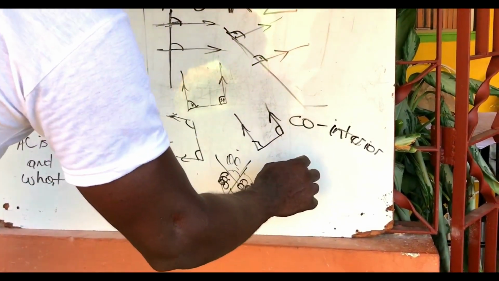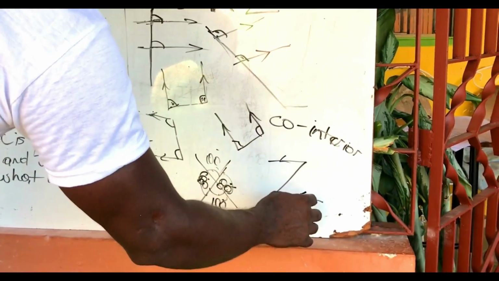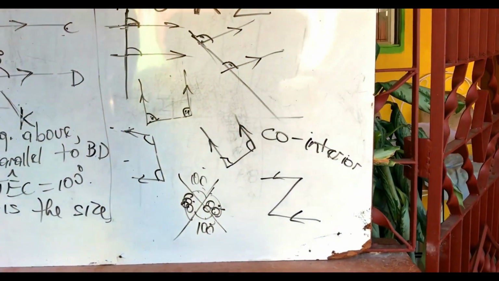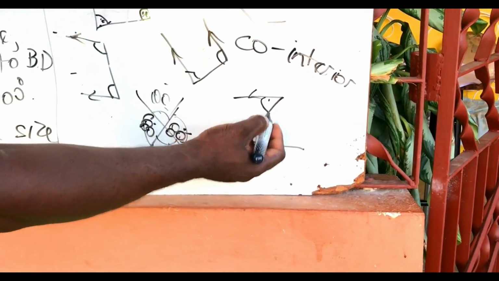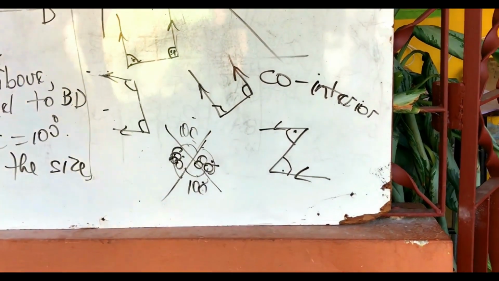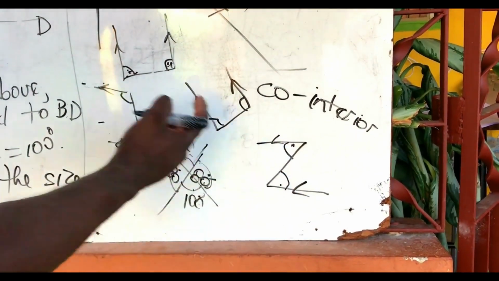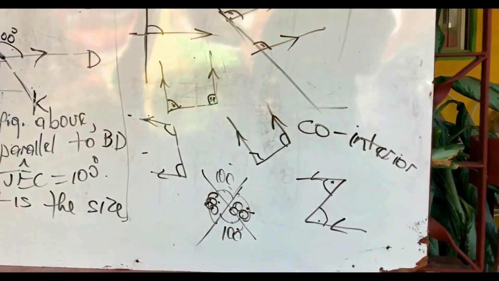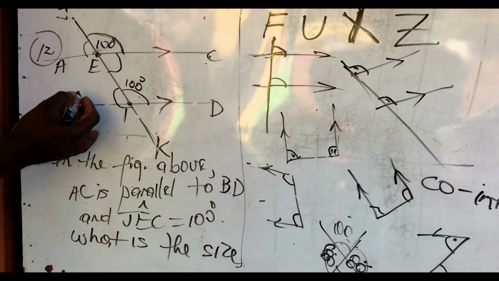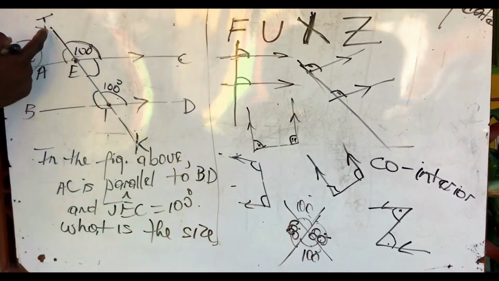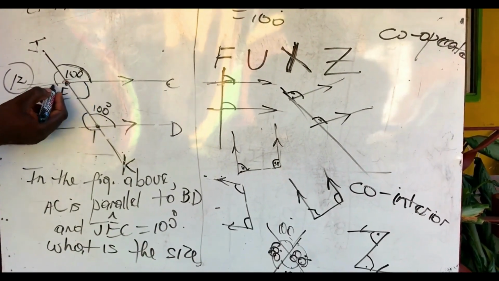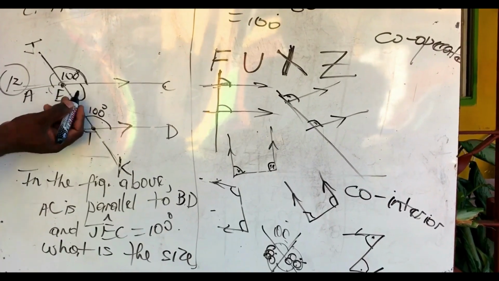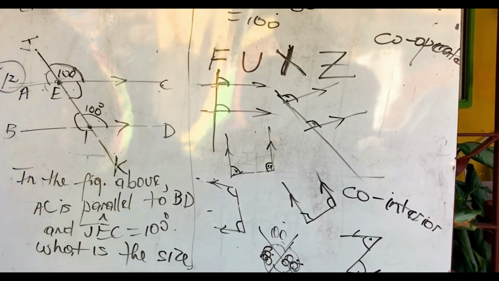And then we'd have Z angles now, which are referred to as alternate angles. So this angle and this angle are equal, and that is a Z. This angle and this angle are equal. So right here we could also have a Z, and right here we have an X. In our X, if this is 100, then here is also 100, and if this is 80, then this is also 80.